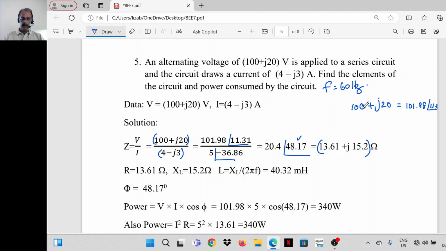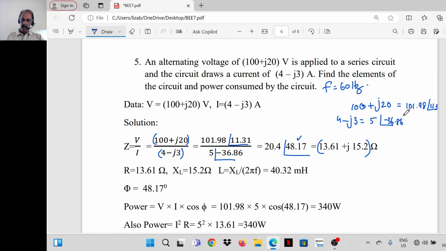Then the current is given as 4 minus J3. Converting it to polar form, it is the square root of 4 square plus 3 square, that is 5, angle minus 36.86. The angle is tan inverse of minus 3 by 4.